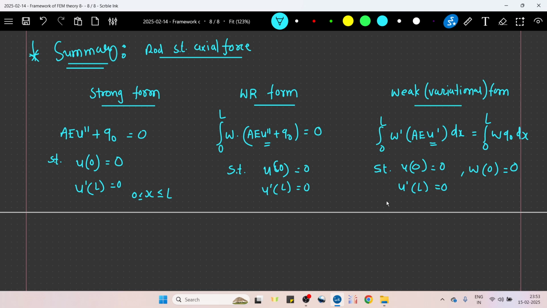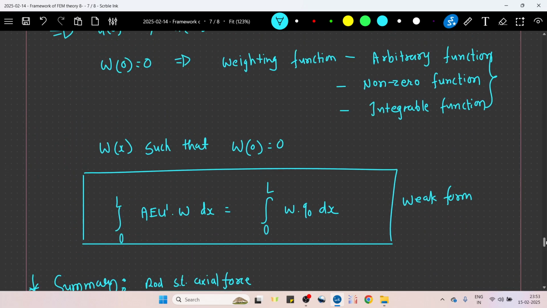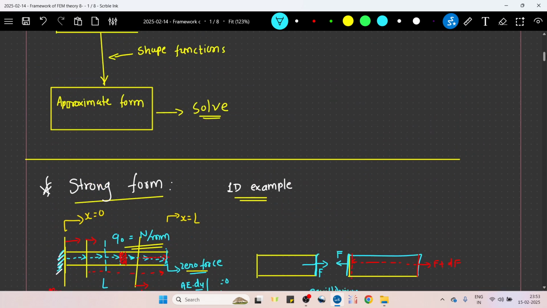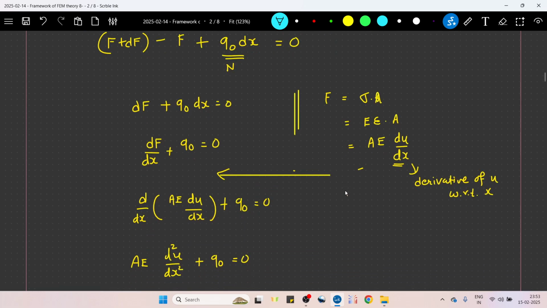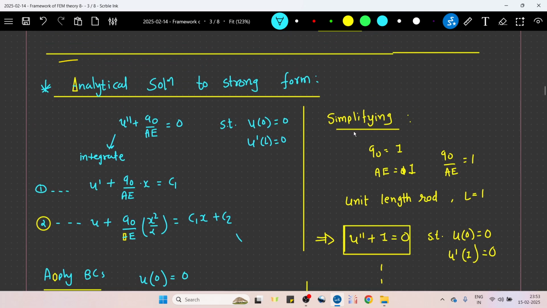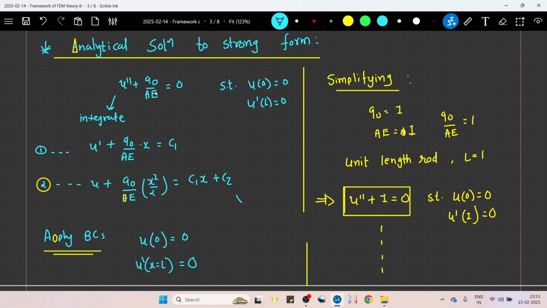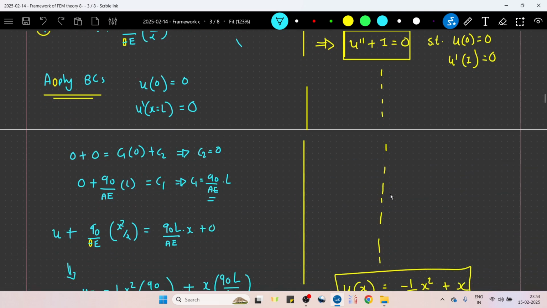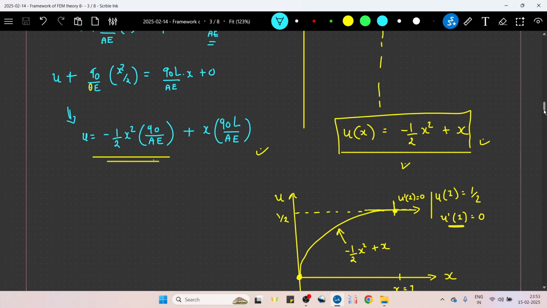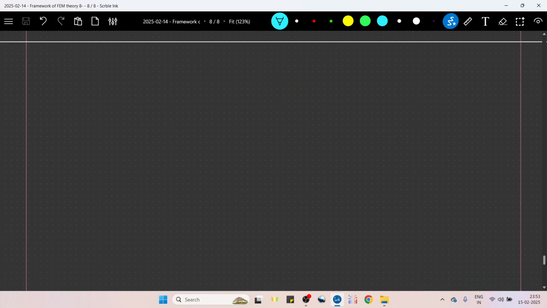So this is a summary. Along with our original strong form, we also try to simplify. If u double dash plus q0 divided by a is equal to 0, we also try to get an analytical solution for the simplified form u double dash plus 1 equal to 0.